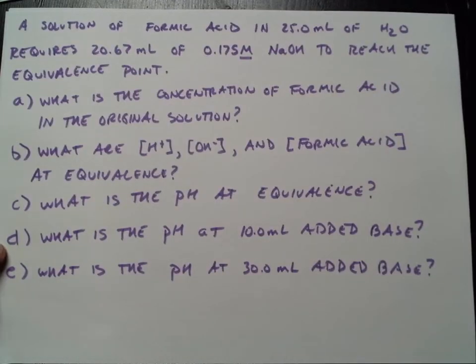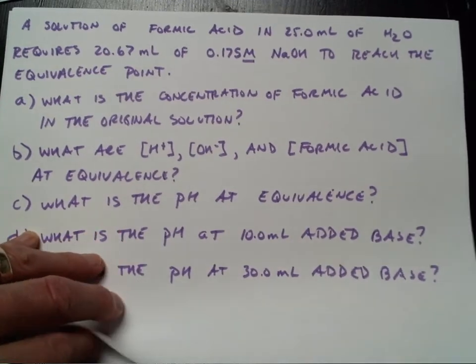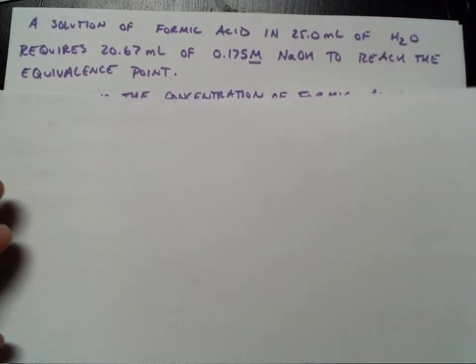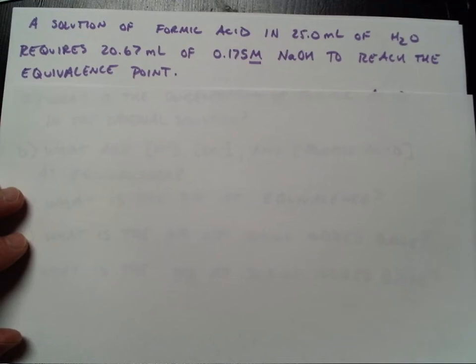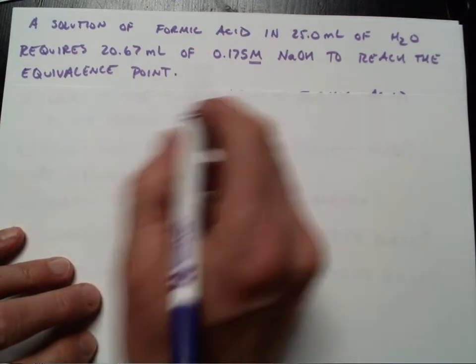Part D. What is the pH at 10 milliliters added base? Oh boy, here we go. 10 milliliters added base. What's the pH? Okay, let's say I only added 10 mils of base.